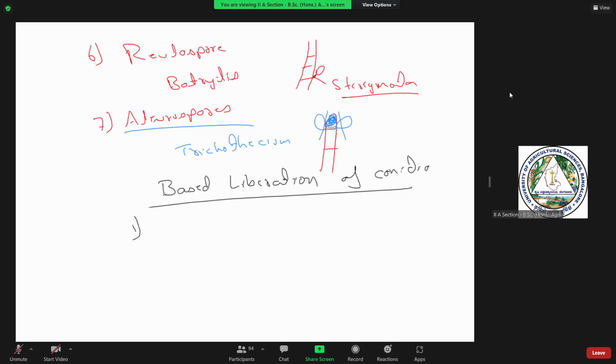There are two major types that we can see. One is the schizolytic type. The second one is the rhizolytic dehiscence.